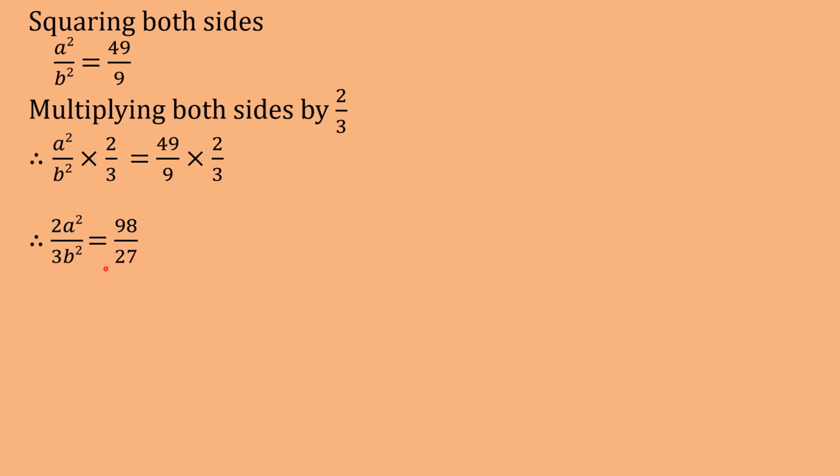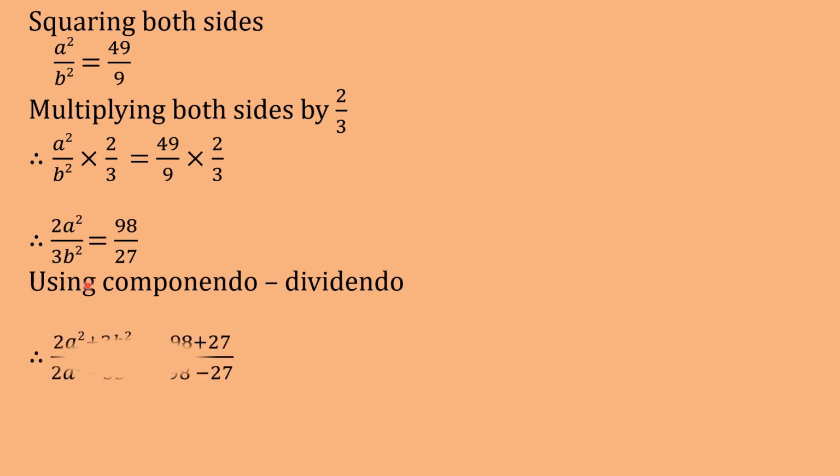Now in this we'll apply our property componendo dividendo. So by using componendo dividendo, the left hand side will become 2a square plus 3b square upon 2a square minus 3b square, which is what we have to find, equal to 98 plus 27 upon 98 minus 27. Are you getting, students?